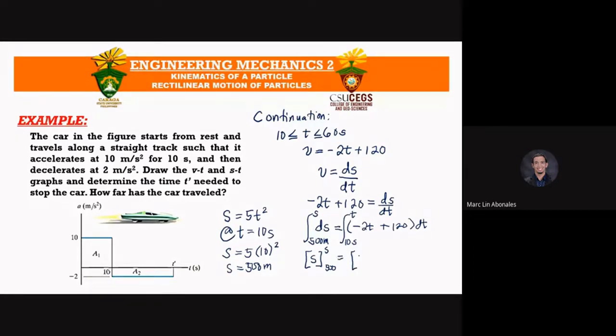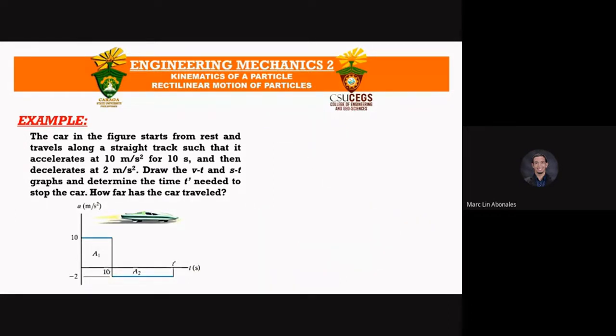So negative 2t squared over 2 plus 120t, and your upper and lower limit are 10 and t. So we substitute the upper and lower limit, upper minus the lower, so that would be S minus 500.